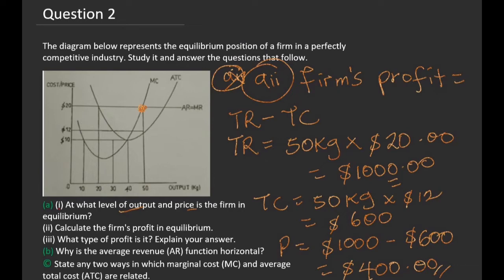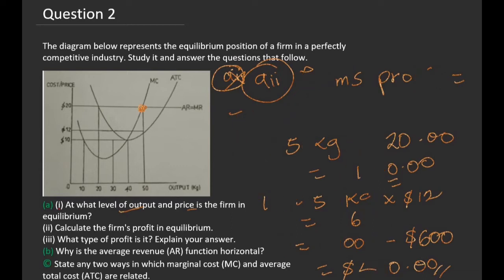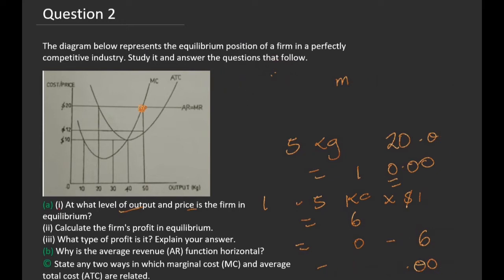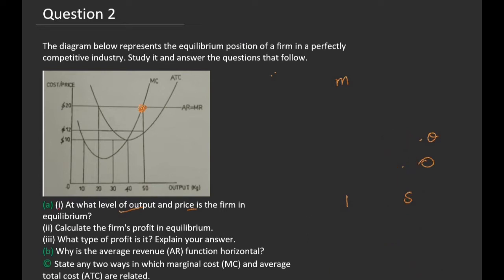I hope this is clear. You can always take this back a bit, look through the graph and connect it with everything I've done here. Now let's look at the third one, A(iii). The question says, A(ii), what type of profit is it?